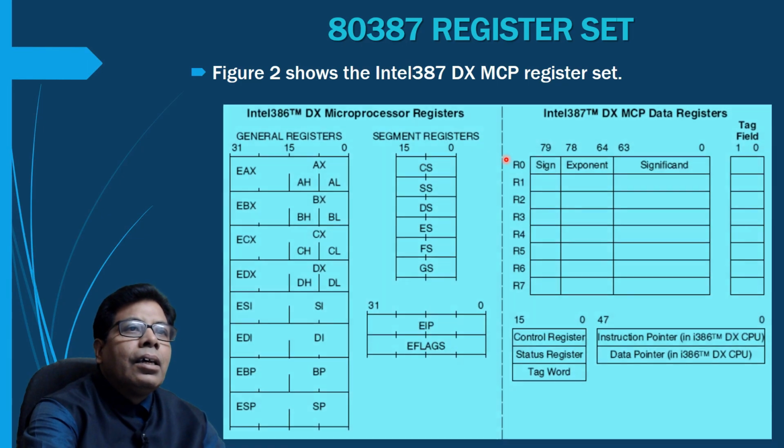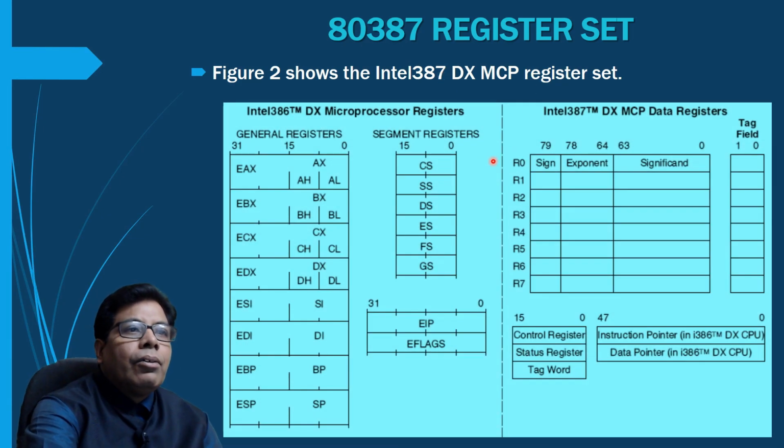Similarly for 80387, when we study the register set, again we have the same registers R0 to R7, that is the data registers, then control register, status register, tag word, instruction pointer and data pointer, similar to 8087.